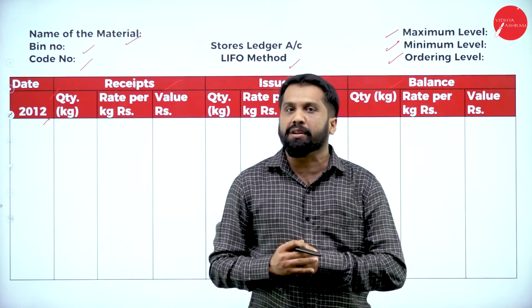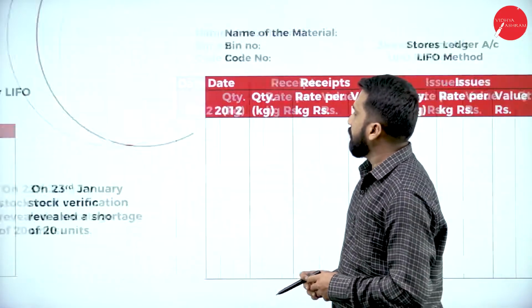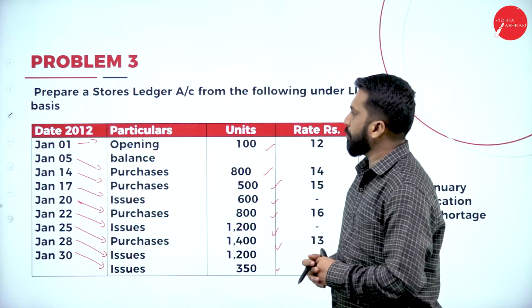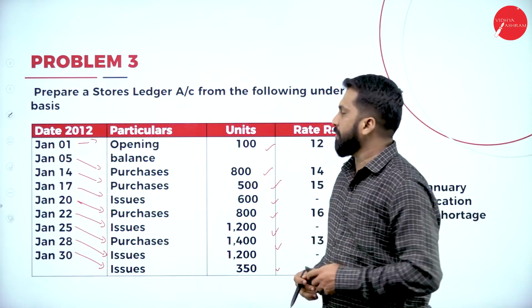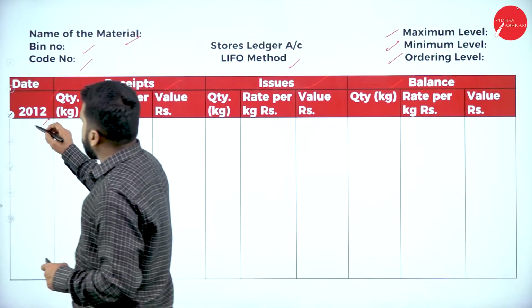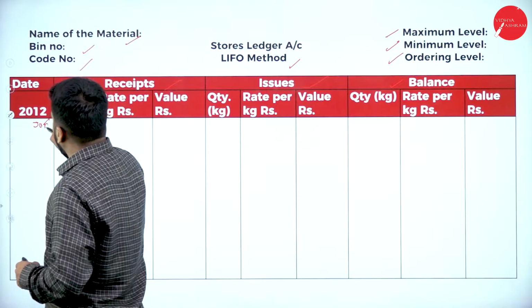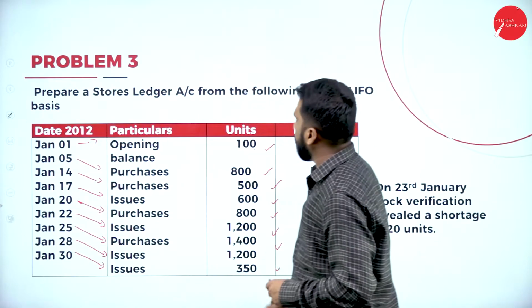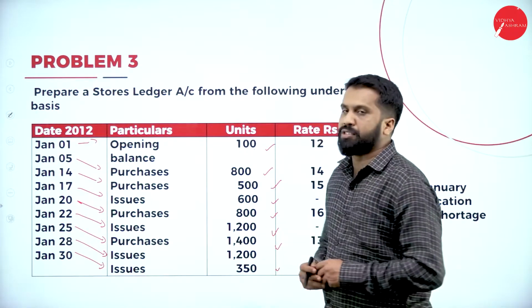We start with balance. First one, opening balance 100 units at rupees 12, January 1st. What is the balance here? 100 at rupees 12.